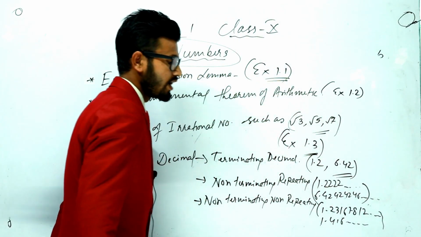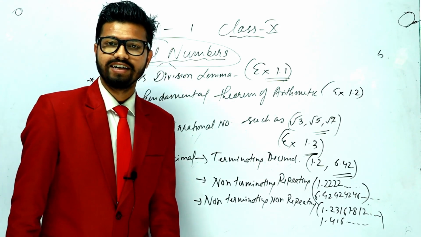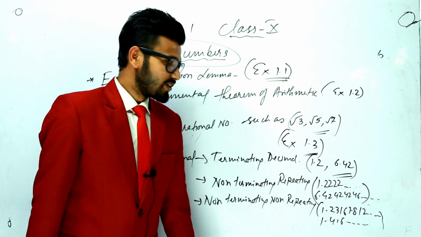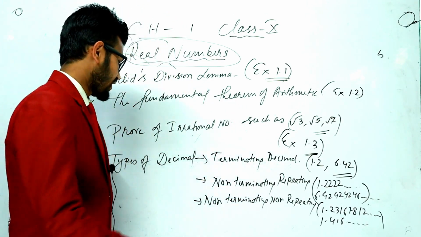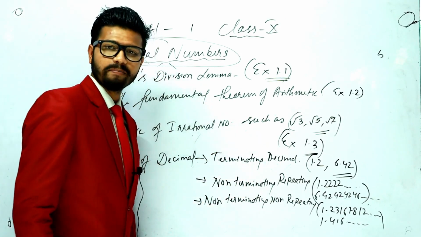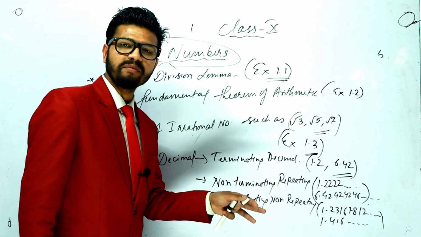There is no ending in the decimal digits, and neither are the numbers repeated. So these are the three categories of decimal: terminating, non-terminating repeating, and non-terminating non-repeating.